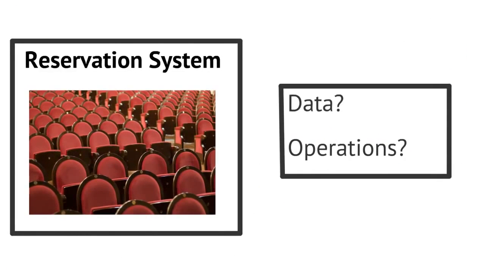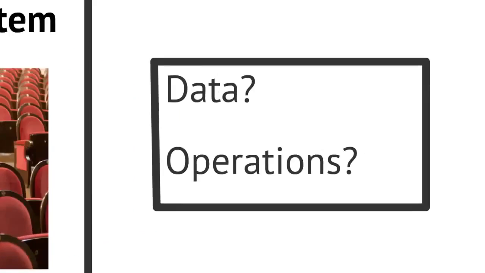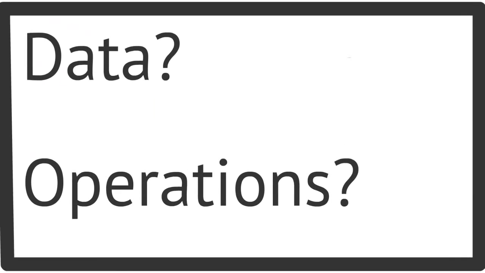So let's go back and talk a little bit about the reservation system that I brought up in the abstract data type video. We said we wanted to model a reservation system for maybe a concert hall. In terms of an abstract data type, we would think about what the data items were and what the operations were.